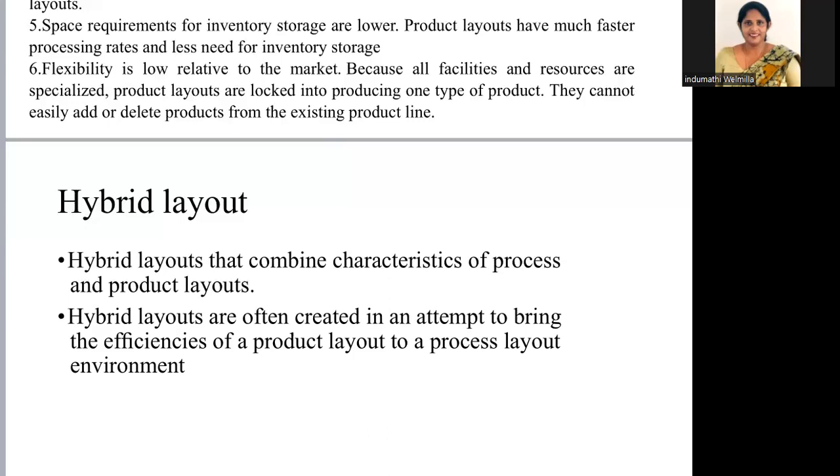So to develop a hybrid layout, we can try to identify parts of the process layout operations that can be standardized and produce them in a product layout format. That's the way how we can do it, right?